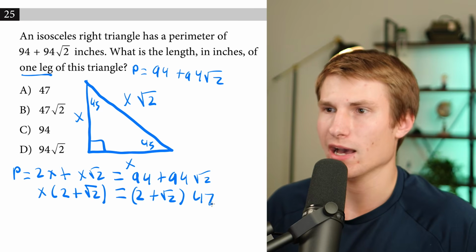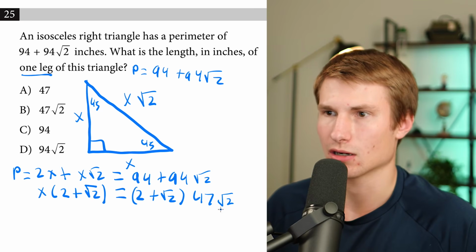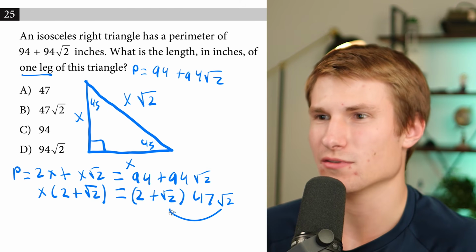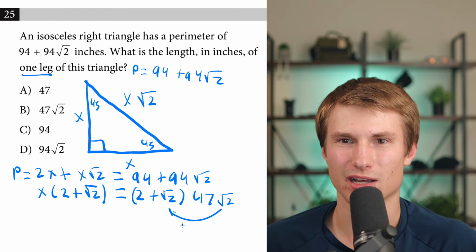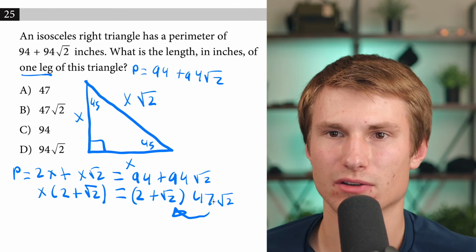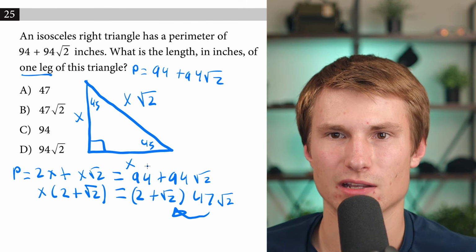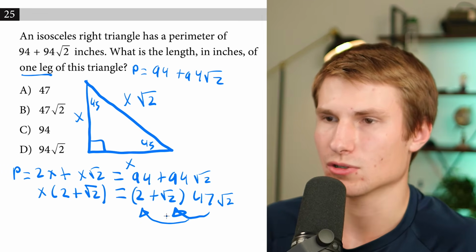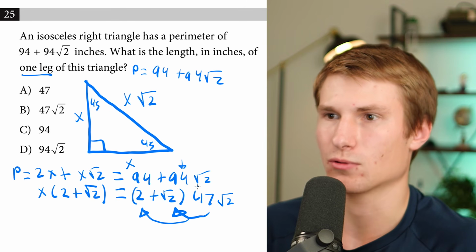Now, if we add on root 2 here, we would get 47. I don't know why it does this. Have you guys noticed how it changes the shape of my line sometimes? I don't know why that happens. Anyways, we'd get 47 root 2 times 2, and that's going to give us this 94 root 2. Okay, so there we go.